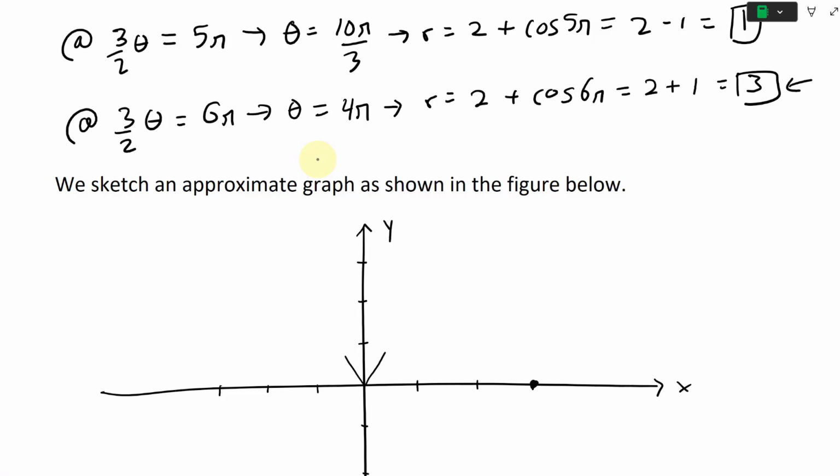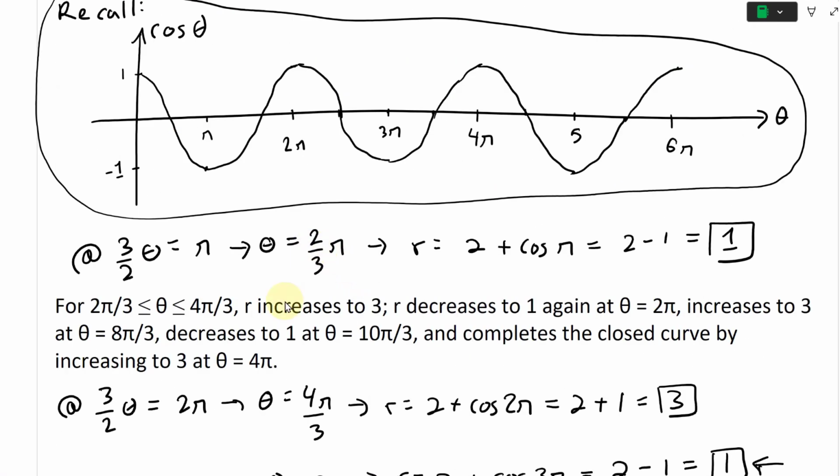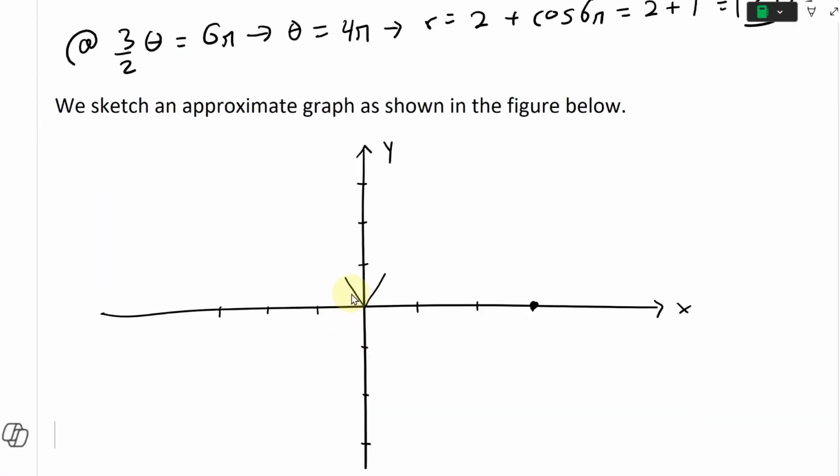Each time we're going to add 120 because we have 2 pi over 3. The next one is 4 pi over 3. In other words, we add another 120. So you can see the symmetry like that. So anyways, that's the first point.